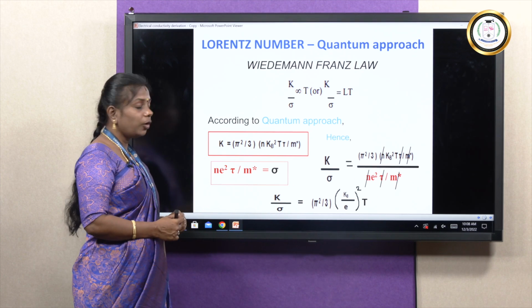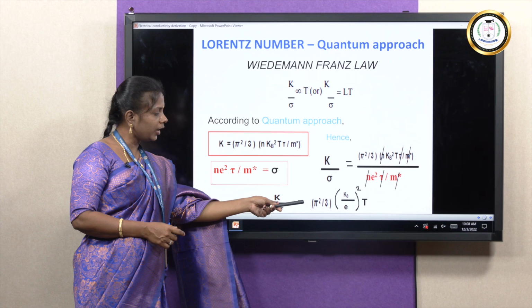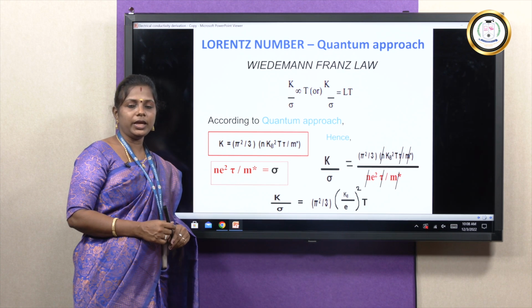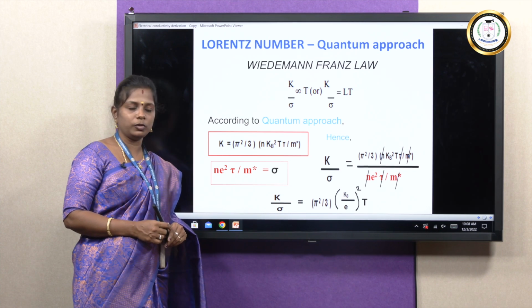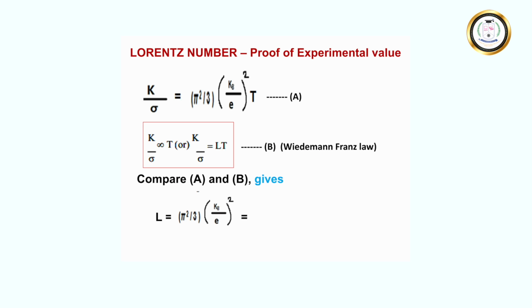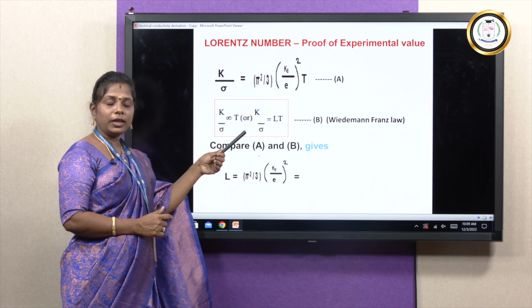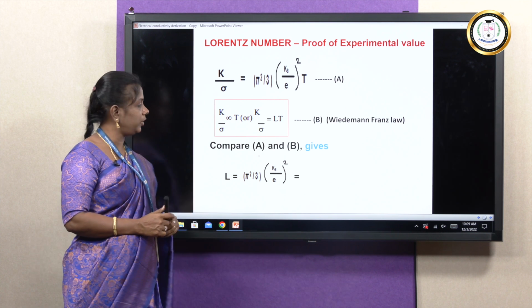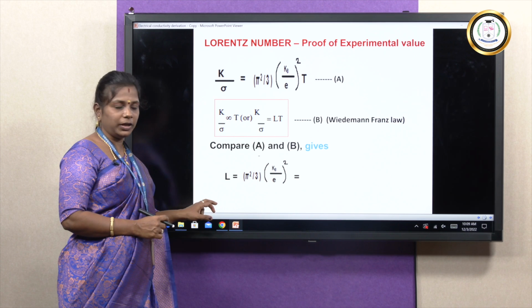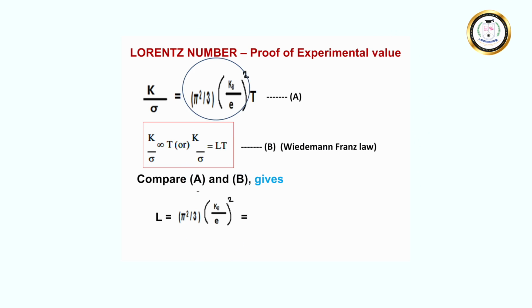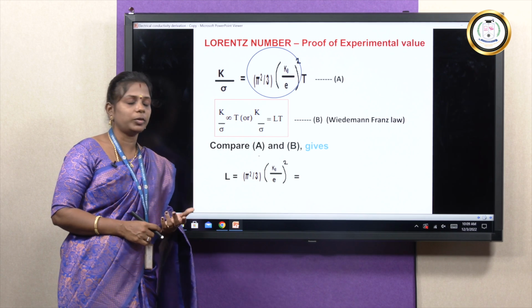Then the Lorentz number is pi square by 3 into kb by E the whole square. This is the expression for K by sigma, the ratio of K and sigma, by using the quantum approach. K by sigma is equal to LT is the basic definition. Now compare A and B. By comparing A and B, pi square by 3 into kb by E the whole square is the Lorentz number expression by using the quantum approach.